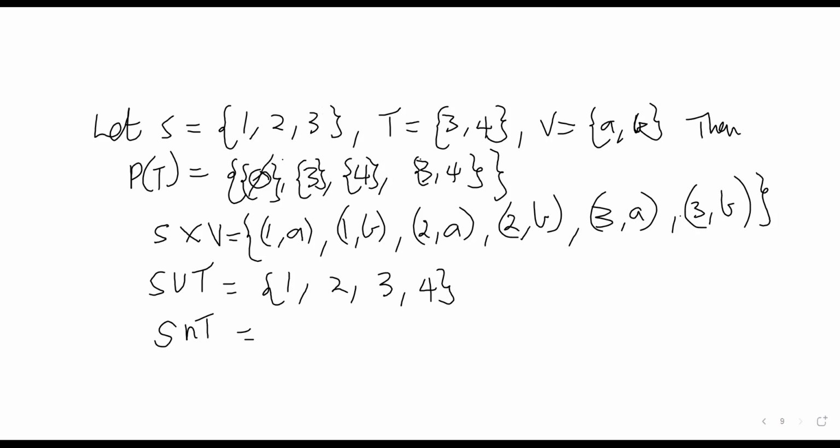So 3 is correct. Then S minus T. What items are in S but are not in T? One, two, that is correct. You can see now you're getting everything, okay?